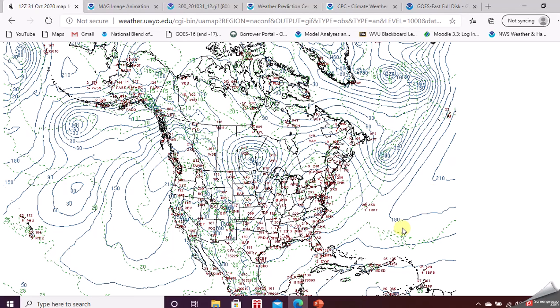Think about it: 30 degrees north, lots of high pressure. These are the subtropical highs. Low pressure is up closer to 50 to 60 degrees north, lows, lows, all wrapping around here. And then you have the polar region.